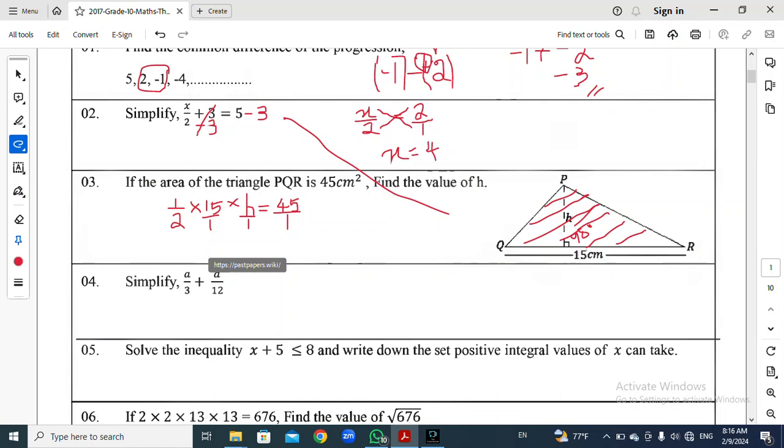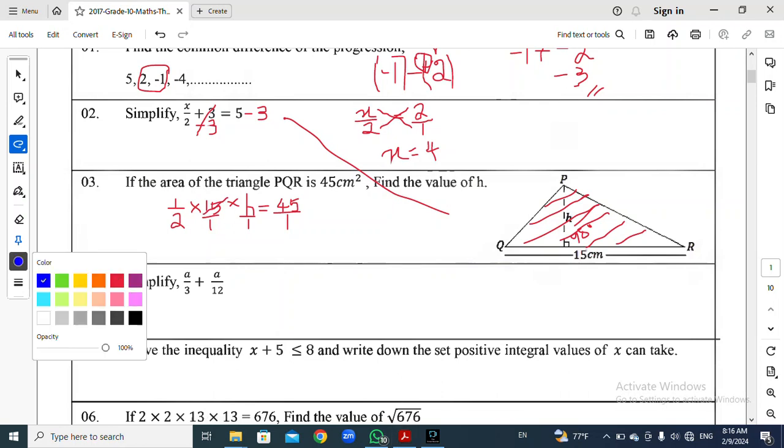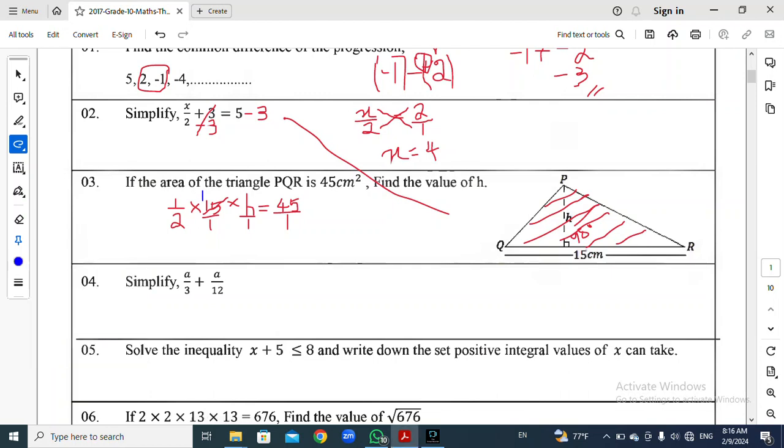Now 15 into h, 15h by 2, and here we can simplify 15 and 45. 15 is one time, and 45 is 15, 30, 45, three times. Now it's very easy.